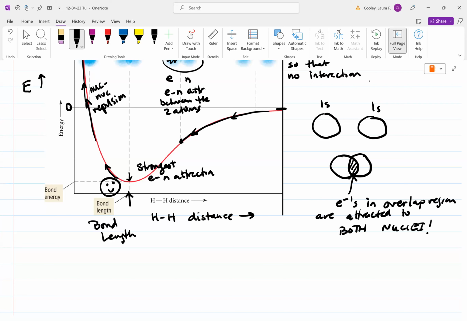Which is why a bond stabilizes, which is why when you have two atoms bonded together, you have a lower energy than two separated atoms. It's because those electrons, when they're in the overlap region, are attracted to both nuclei, which is the reason for the greater stability of bonded atoms.